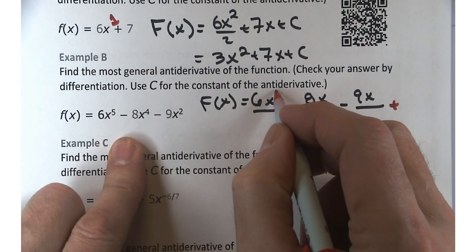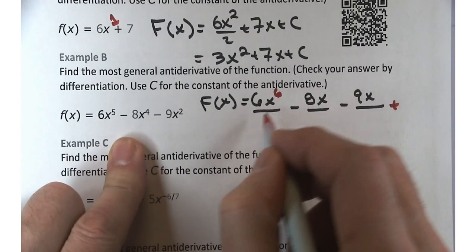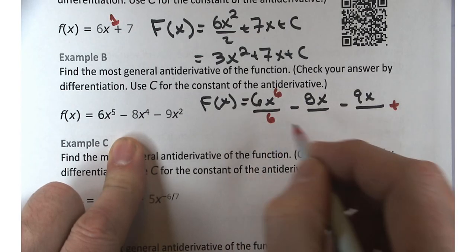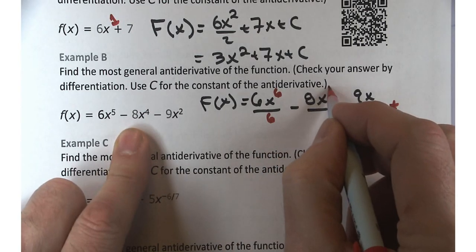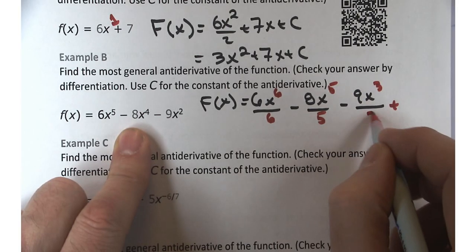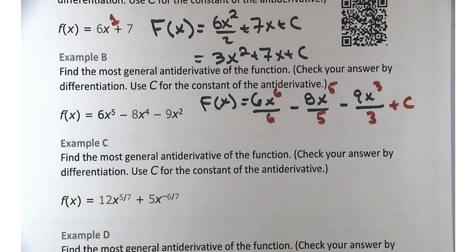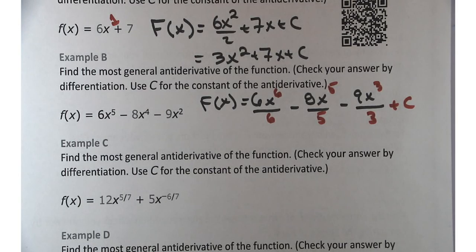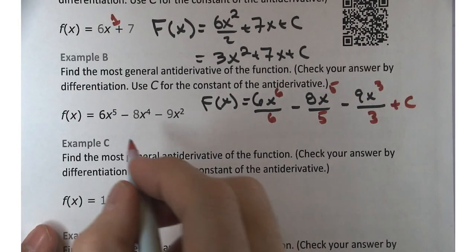So start by always adding 1 to the exponent. So that's going to be a 6 here, and then a 6 underneath here, a 5 here, and a 5 here, 3 and 3. And please don't forget that constant. Even though we abuse them and toss them around and don't treat them very nicely, we still need that constant there, and it's worth a point. Bottom line, it is worth a point. Now you should simplify that.